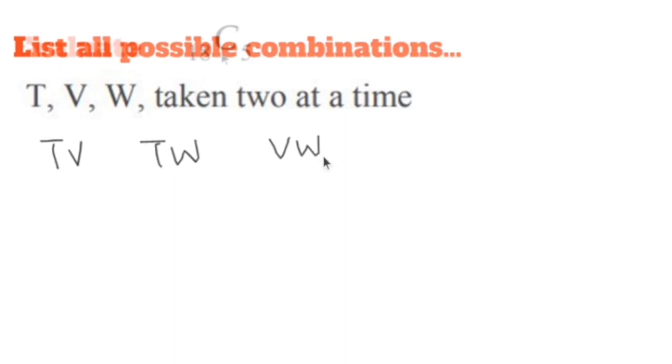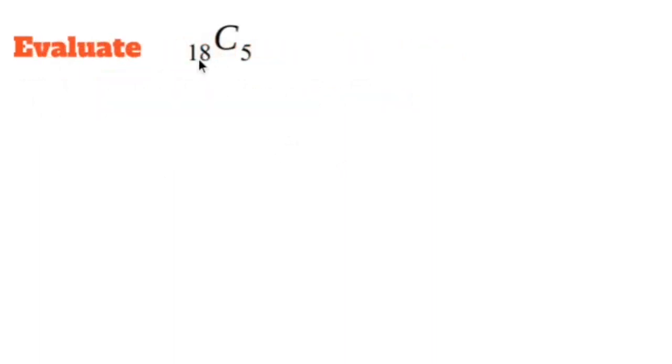That's it. I'm done. Evaluate 18 total combinations, but only taking 5 at a time. I have nCr, and the formula for nCr is n factorial over n minus r factorial. And before you yell at me and say, this is the same as permutations, no, it's not, because this guy adds an r factorial also on the bottom.